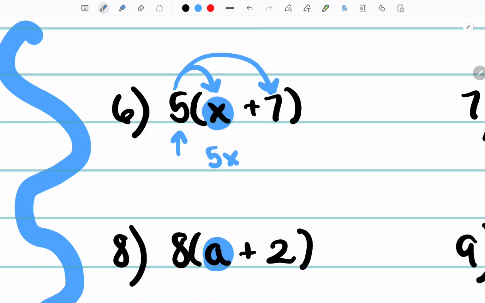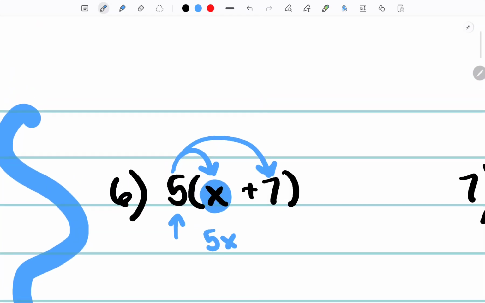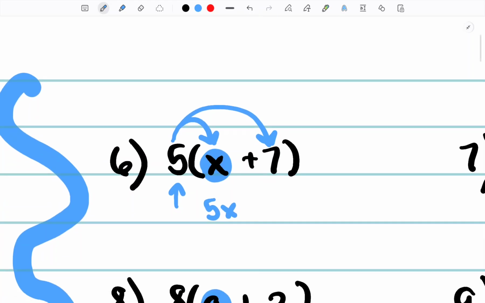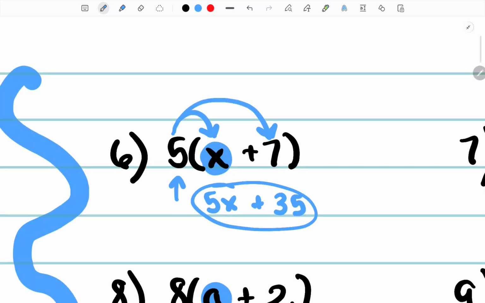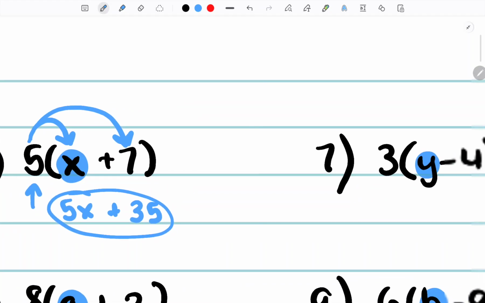If you don't know how to do that, I'd recommend you go to the solving basic equations video, and it will show how to multiply or divide variables with numbers. Okay? So 5 times x is 5x, and then 5 times positive 7 is 35. We cannot simplify this anymore because we don't have an equation. This expression does not have an equal sign, so we cannot solve for that. That's all we can do. Okay, so our answer would be 5x plus 35.